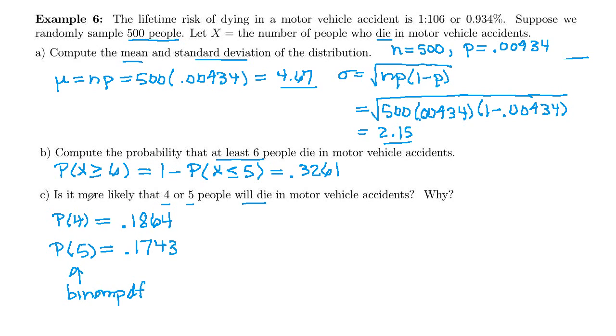And we want to know which is more likely. That's going to be the higher probability. So 4 deaths are more likely, because the probability is higher.